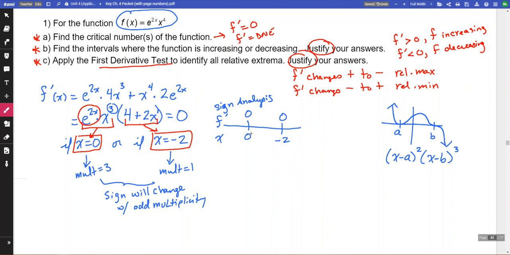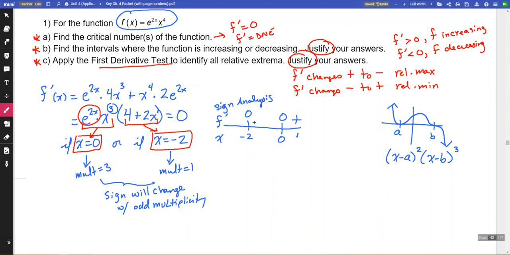Now, notice that when I put this up, I have 0 and negative 2. Well, this isn't the order that I have 0 and negative 2 on the number line. Negative 2 is to the left of 0, so I want to be careful with that. Now, let's pick a number. Let's take a number to the right of 0, for example, 1. If I put 1 into my derivative, I'm going to have all positive numbers, so this will be positive.